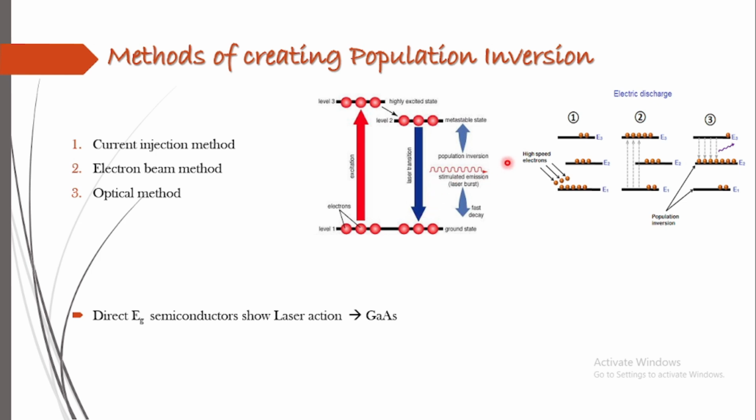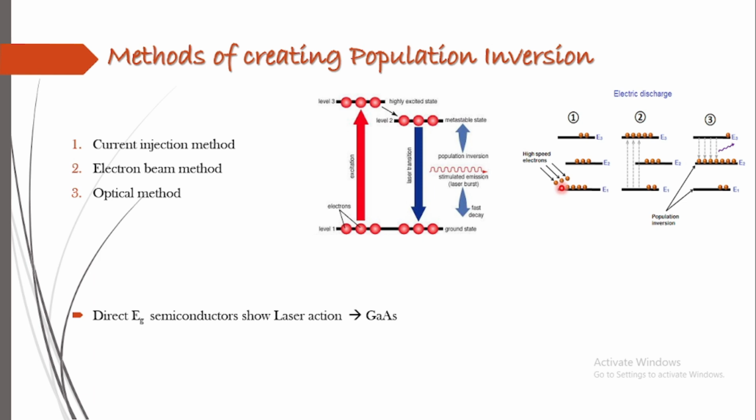But in case of electron beam method or current injection method, we can say high speed electrons are used which are responsible for the population inversion. So that is only based on the type of stimulus, and whatever is the requirement, based on that the method of creating population inversion for laser action can be chosen.